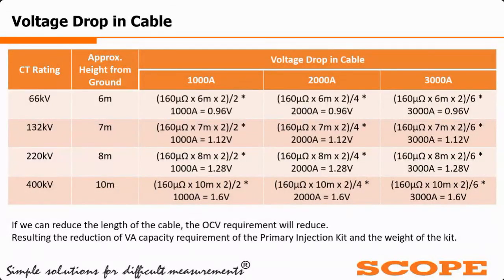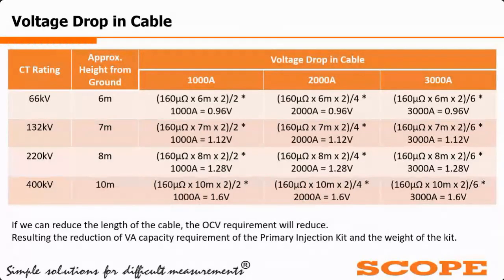For the CT rating, here you can see for 66 kV, as I said, the approximate height from ground is 6 meter. For 1000 ampere, as I said, one copper cable voltage drop is 160 micro ohm, and we require a total of 6 meter copper cable for one run, and for 2 runs, into 2 divided by 2, is the exact current we are going to see.